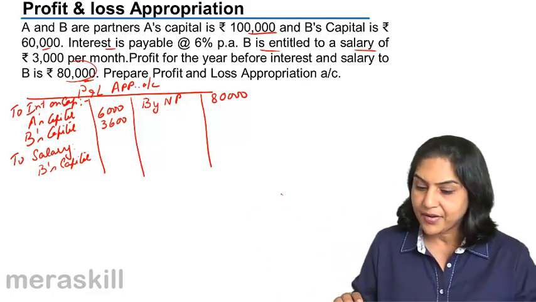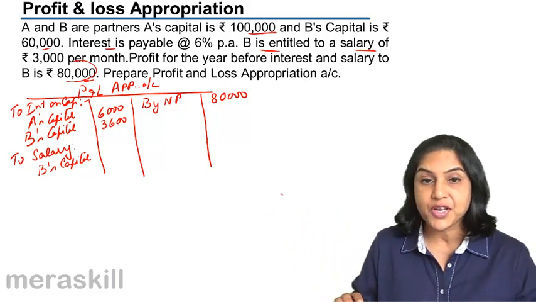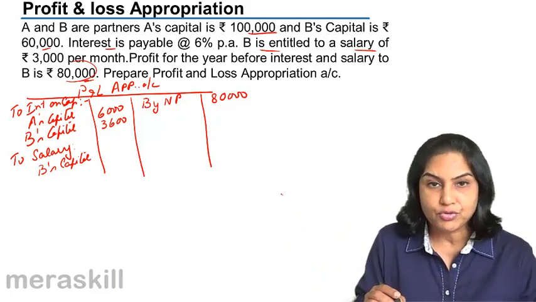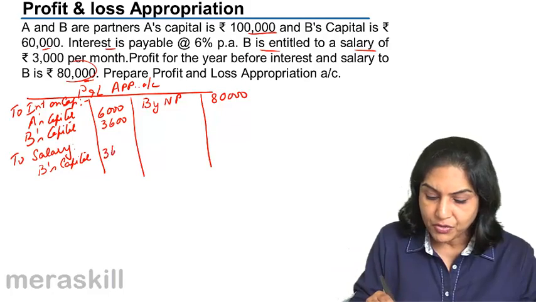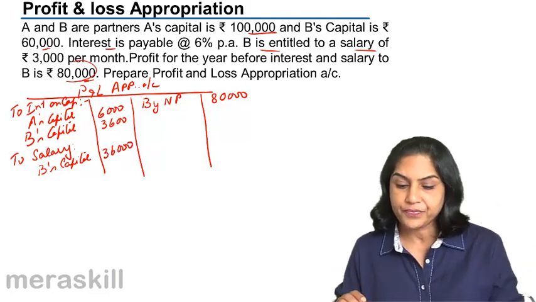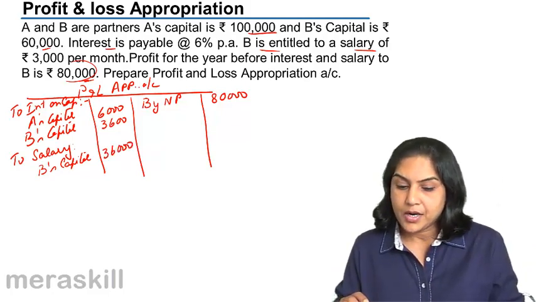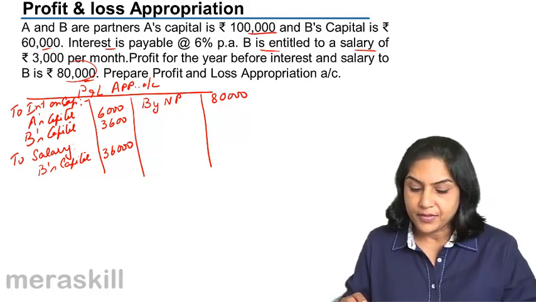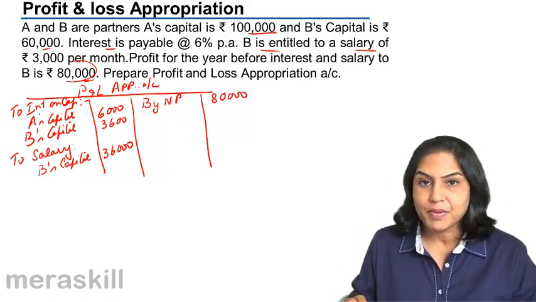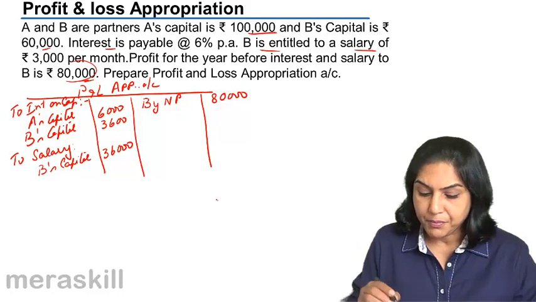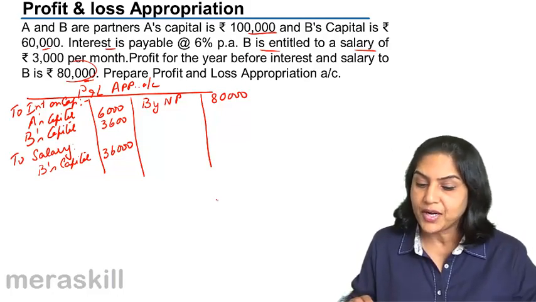What is B's salary? Is entitled to a salary of 3,000 per month. Therefore, into 12 months, we are talking of an amount of 36,000.